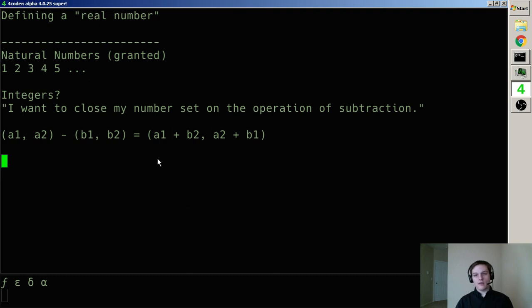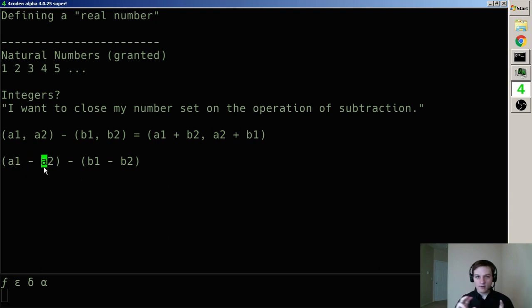So we've got closure under subtraction out of the way. Now, why does this make sense? Well, if we take any pair of representatives here and think about them as being a1 minus a2 minus b1 minus b2. Now, here we're assuming that a1 and a2 can't be natural numbers anymore. These must be integers because we're subtracting them and assuming we get a result.